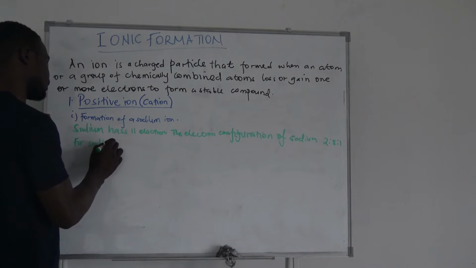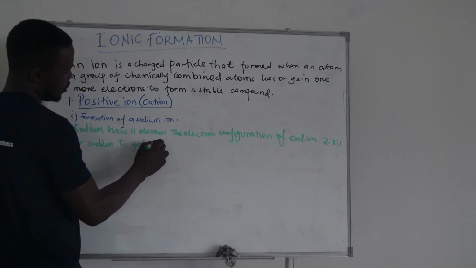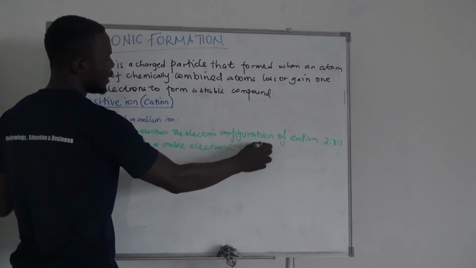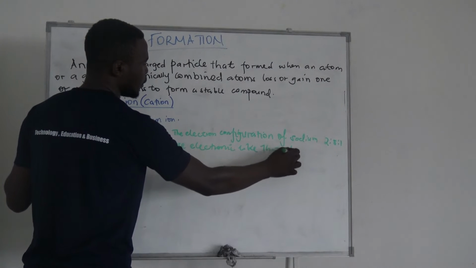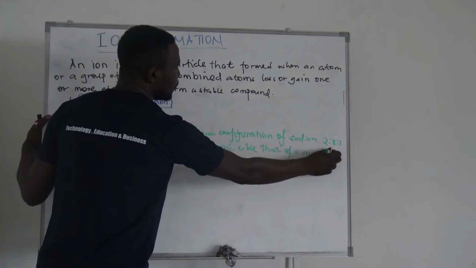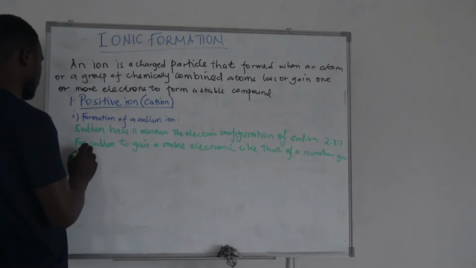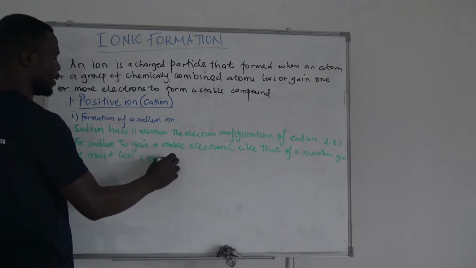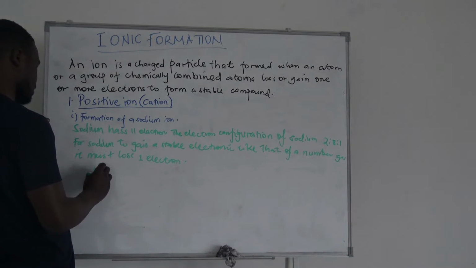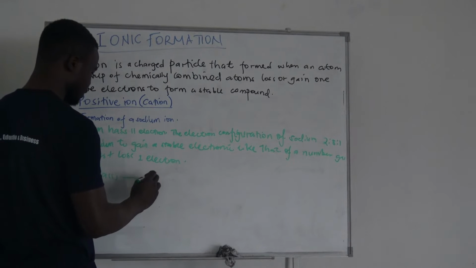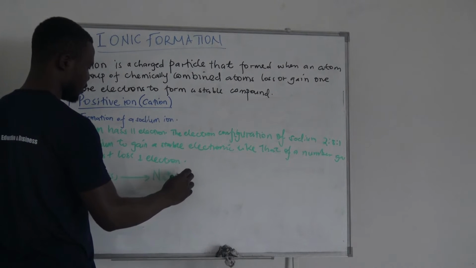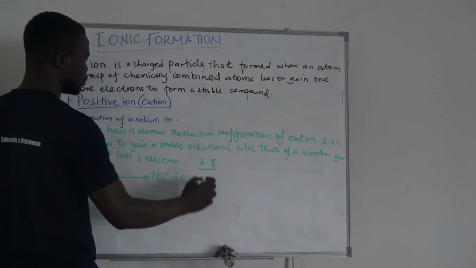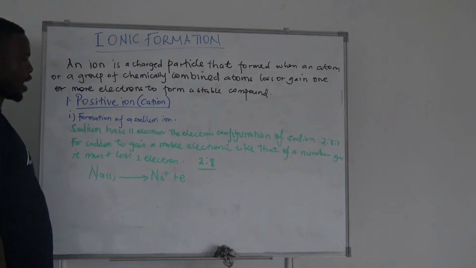For sodium to gain a stable electronic configuration like that of a noble gas, it must lose one electron, such that the electronic configuration is 2, 8, which is that of a noble gas.